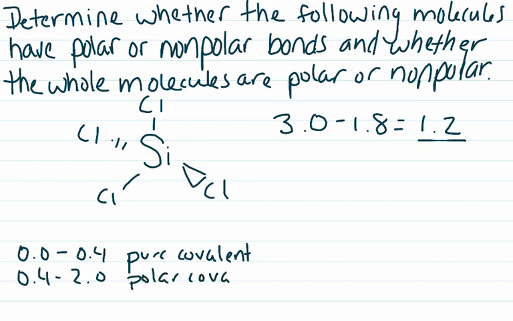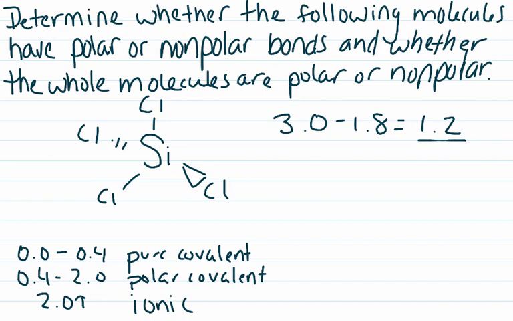So it's still a molecular bond, they're still being shared, but they're shared unequally, and we call that polar. If the difference is greater than 2, then we consider it an ionic bond. So we consider the electron to be completely transferred to the other side.